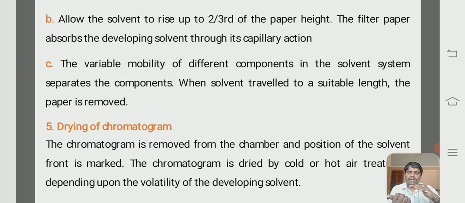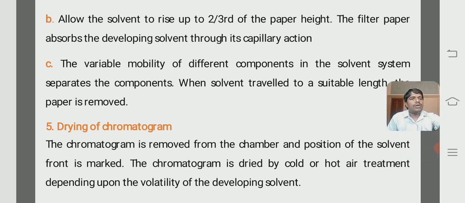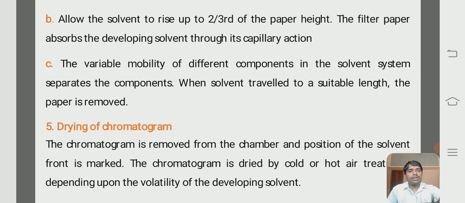Solvent front means the mobile phase which has moved through capillary action from the bottom to a certain length in the filter paper, and that has to be marked. The chromatogram is dried by cold or hot air treatment depending upon the volatility of the developing solvent.